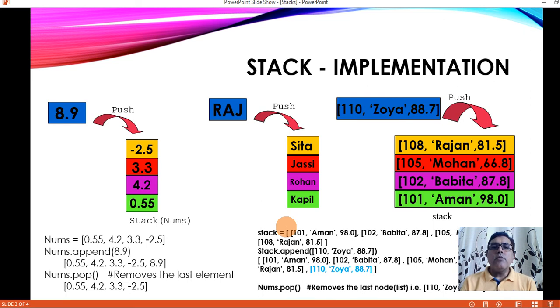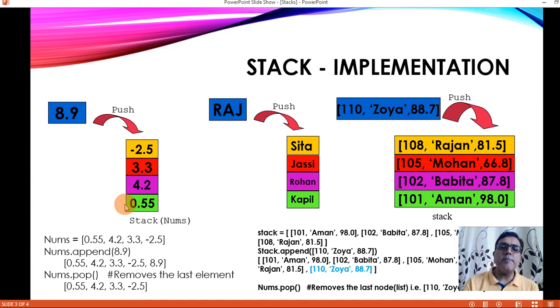Now how is stack implemented? Stack is implemented using a list. In your syllabus, stack is always implemented using a list. So if I have a stack of numbers, how will I implement it? I will make a list of these numbers, right?